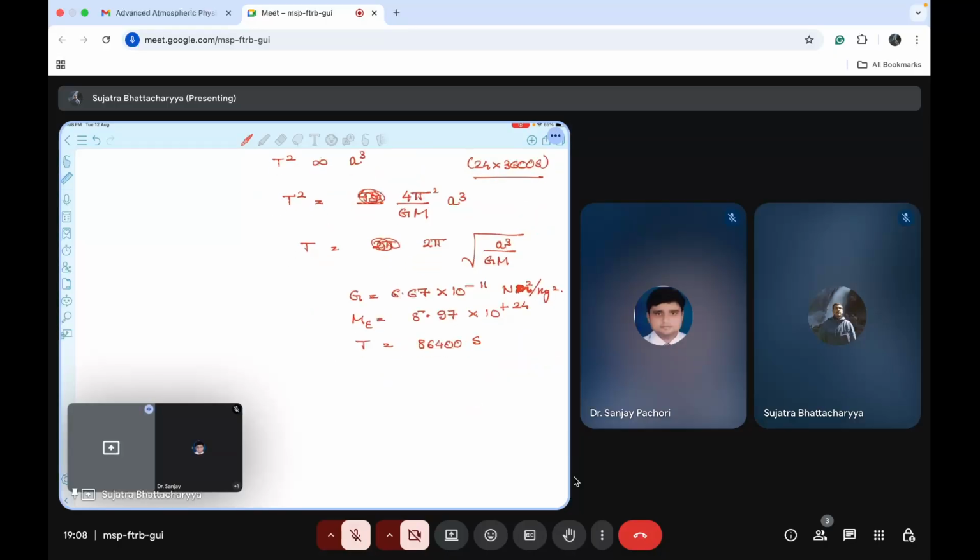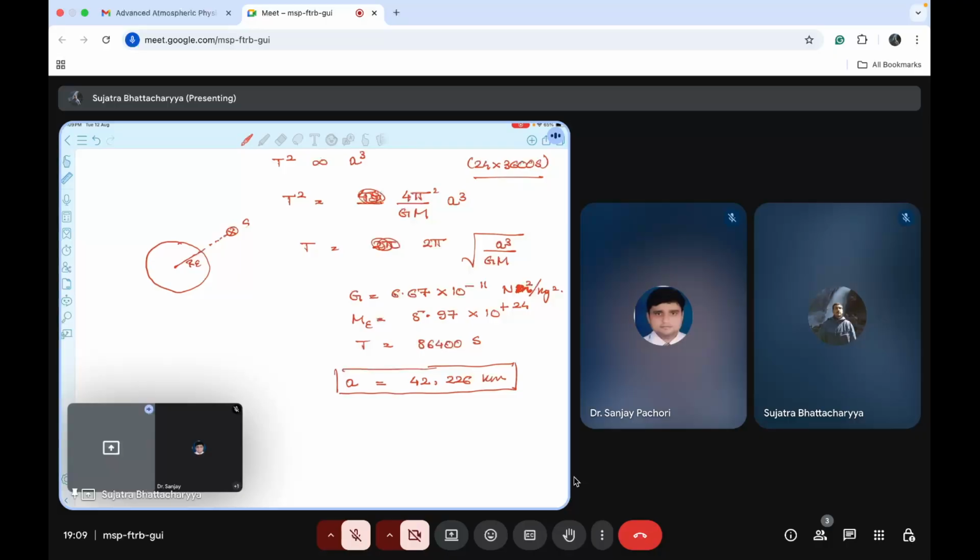So based on that, when you calculate A, you will see that it is about 42,226 kilometers. But remember, this is the Earth, this is the center of the Earth, this is the radius of the Earth, and your A is where the satellite has to be placed.